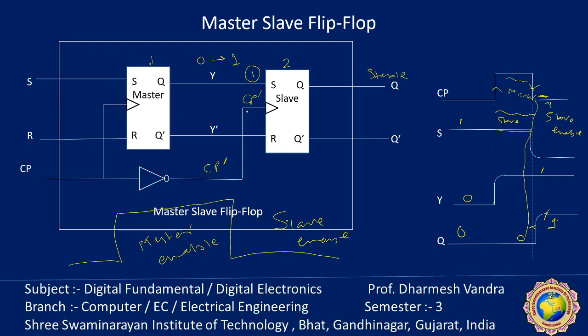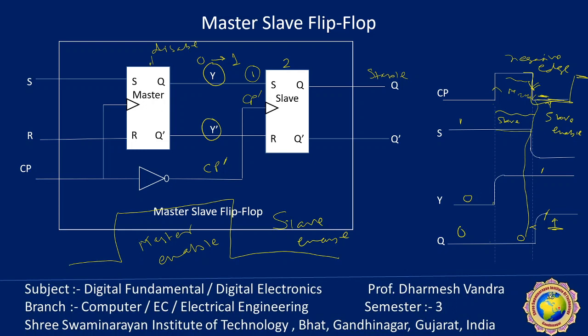It is called a negative edge triggered flip-flop because the output is affected only at the negative edge, 1 to 0. The slave is active and changes according to Y, and Q changes from 0 to 1. At that time the master is disabled. So Y and Y dash are stable until the next clock pulse goes high.